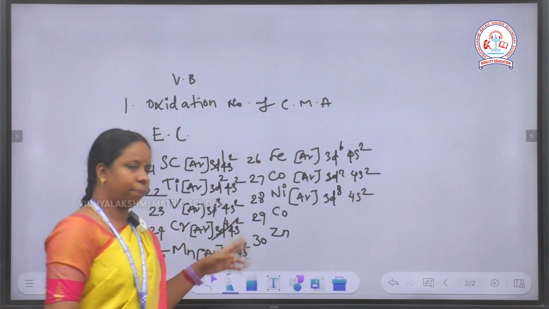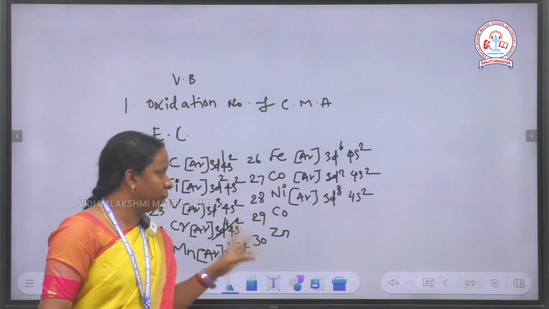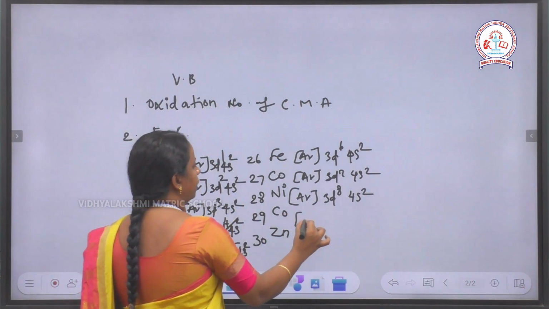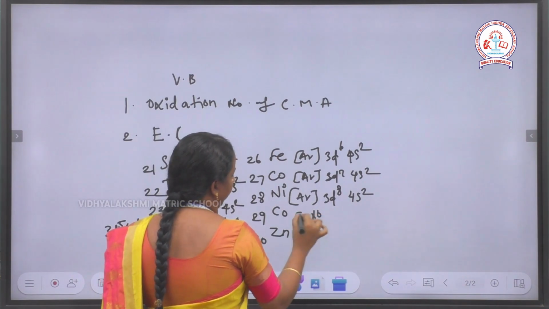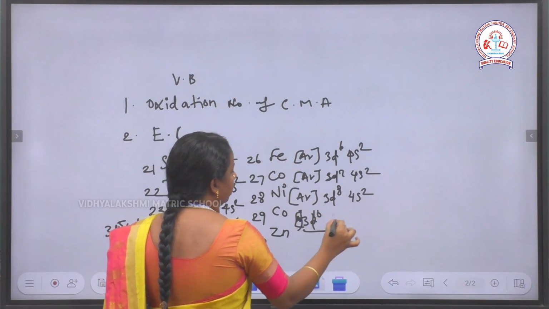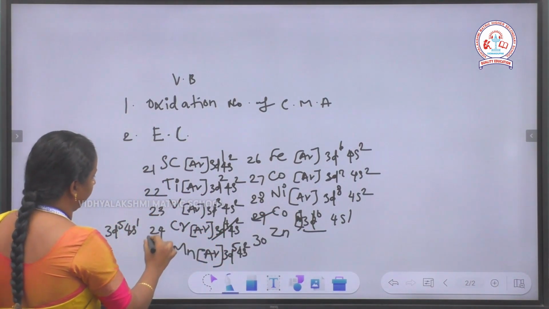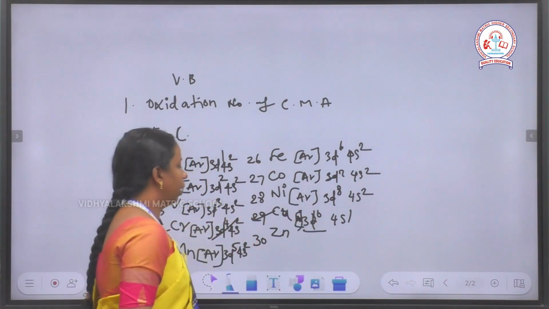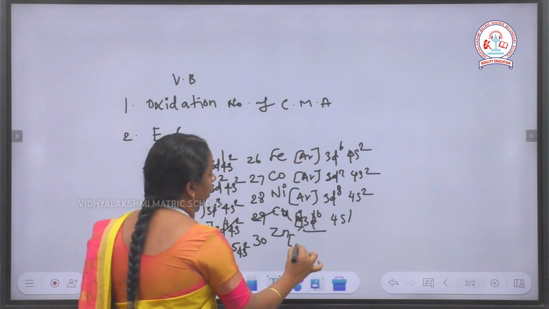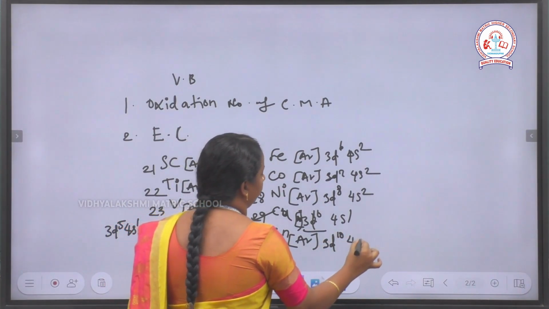Then for copper we are expecting 3d9, 4s2, but the actual electronic configuration of copper is 3d10 because of the fully filled configuration. So argon 3d10, 4s1. This is very important, students. Then zinc electronic configuration: argon 3d10, 4s2.